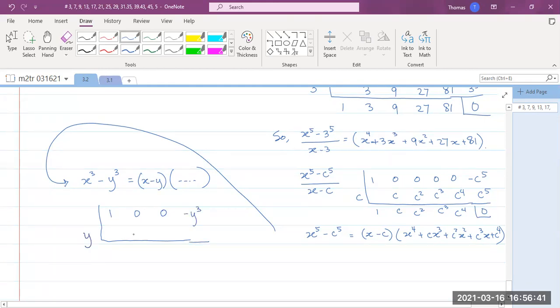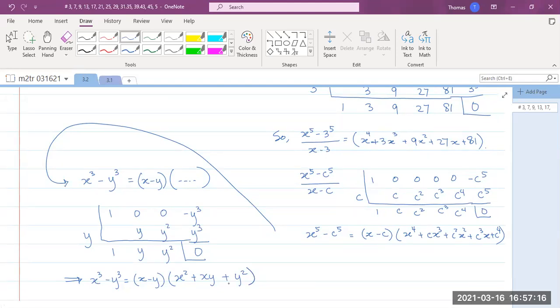Okay, so 1 times y is y, 0 plus y is y, this is y squared, this is y squared, this is y cubed, this is 0. So from there we see x cubed minus y cubed equals to x minus y times 1x squared plus xy plus y squared. Okay, just in case you forget how to factor difference of cubes. Okay, that's for 3.2. Let's go to 3.1.